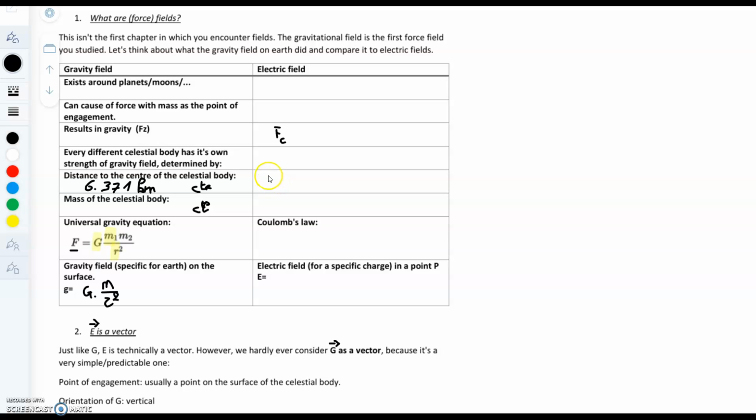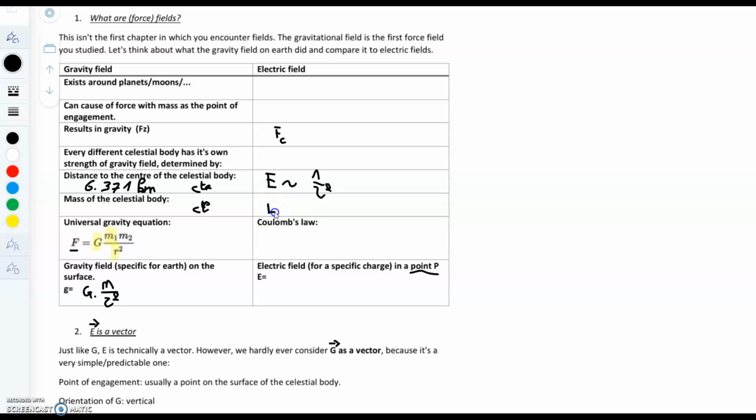Well, it is determined by, so the electric field E is inversely proportional to the distance where you're measuring the electric field. And that distance is usually in a point that we call a random point P in this case. So it is inversely proportional to the distance to the charged object, the center of the charged object.